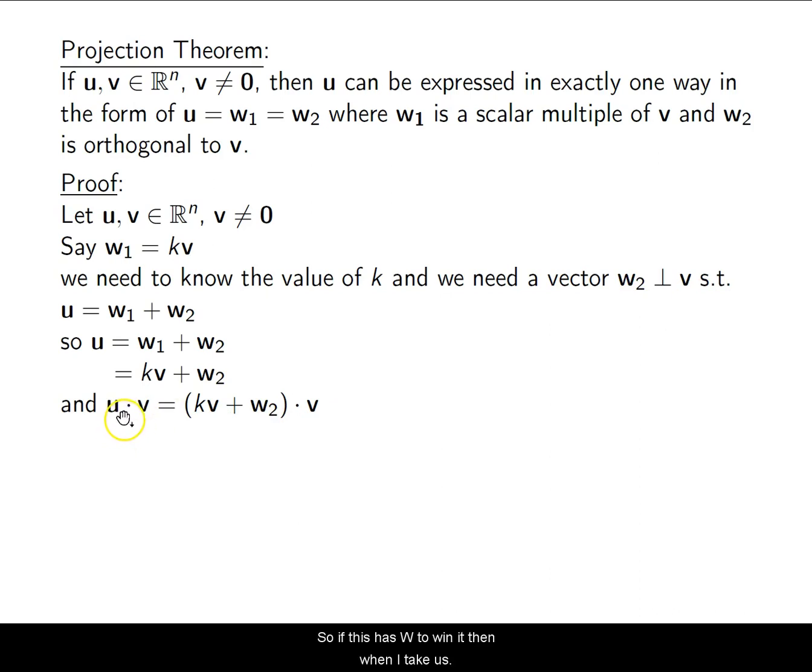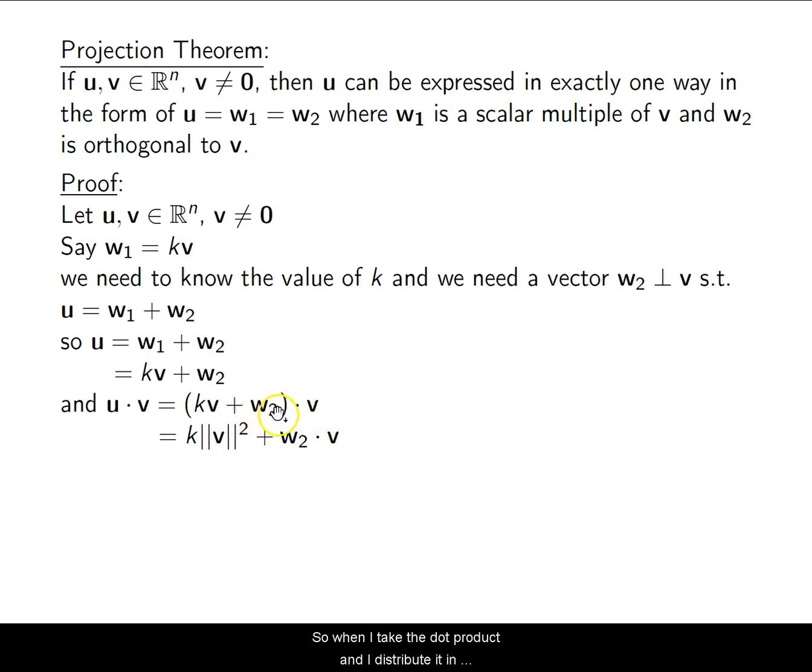So if this has W2 in it, then when I take this dot product, some things should fall out. So I have U dot V is KV plus W2, because W1 is KV, dot product V.